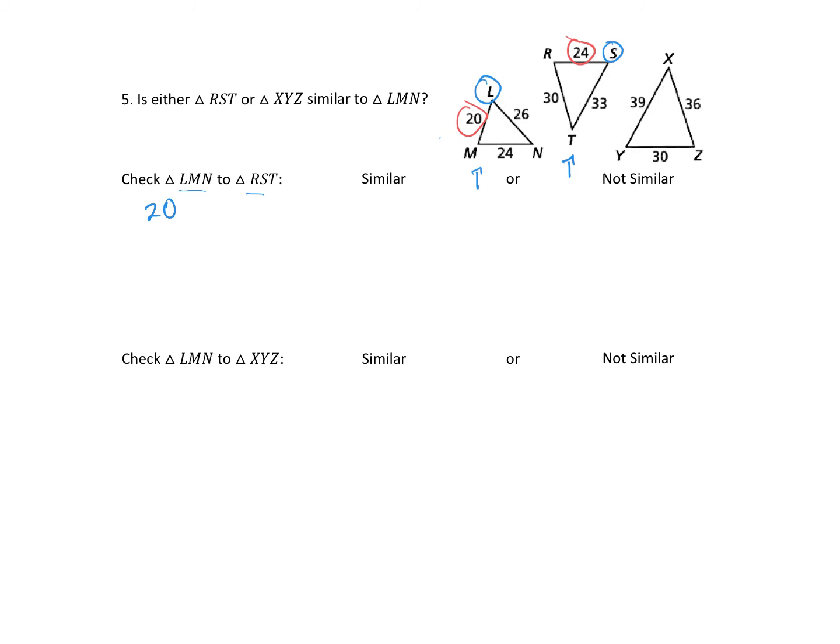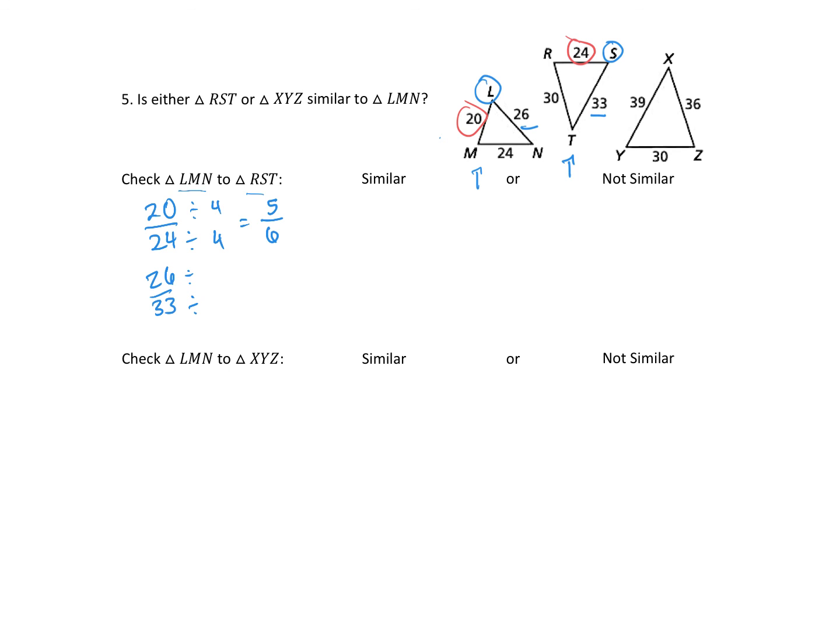So 20 on top, 24 on the bottom. I can divide both by 4. This gives me 5 over 6. Next one is going to be 26 and 33. So 26 over 33, 33 is 3 times 11, and 26 is 2 times 13.